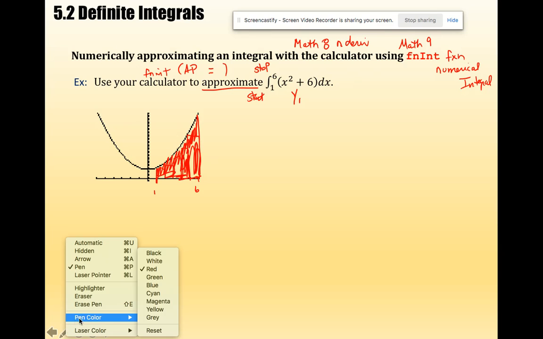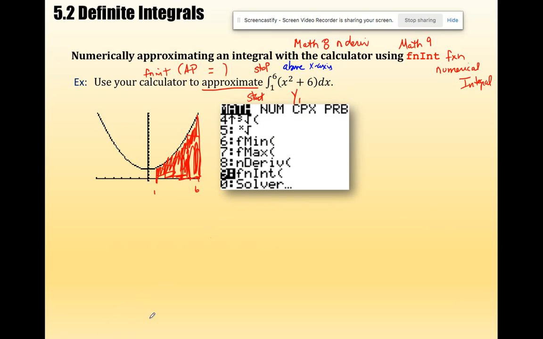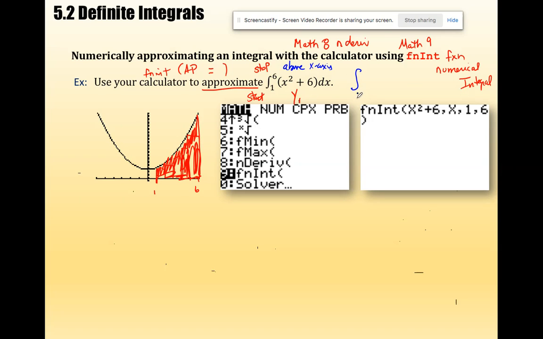Since f of x is always above the x-axis, I know my integral is also going to equal the area. So you're going to hit Math 9. When you do, if you have older software, this is what will come up. If you have newer software, you will see the math notation.